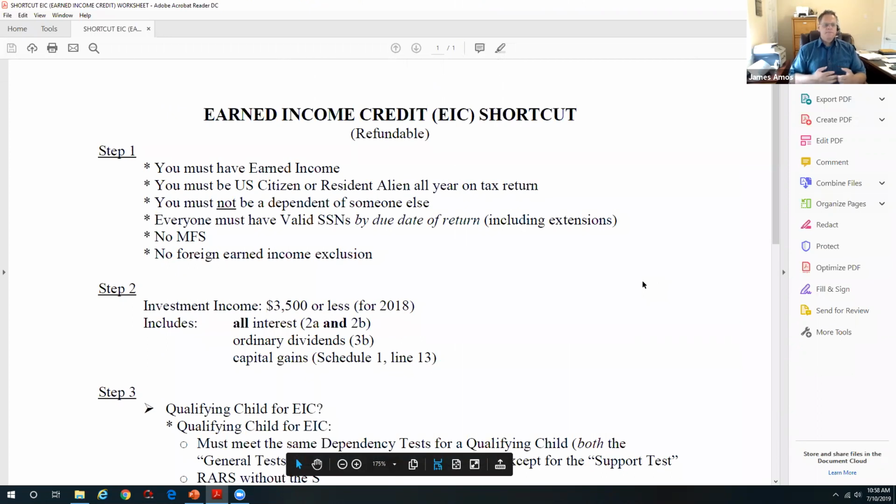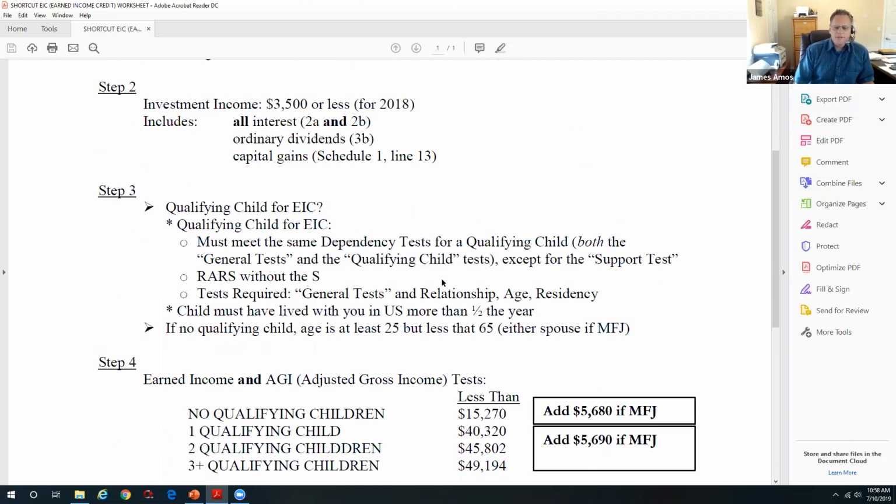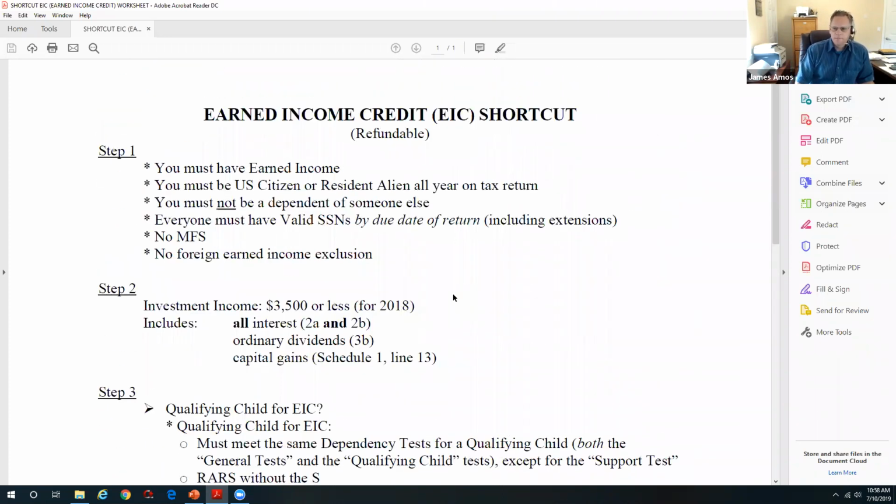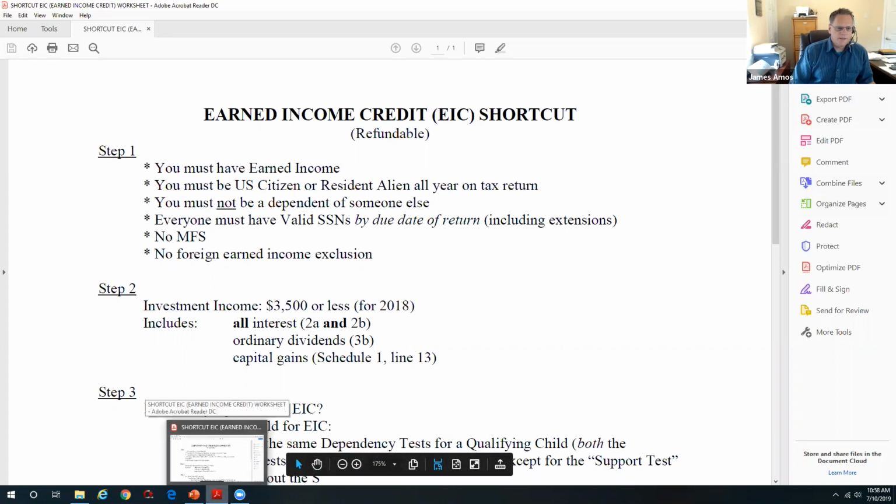Okay, so before we go into some little practice problems and things like that, does anyone have any questions or want to discuss any of this? Because there it is. That's your earned income credit right there, all on one page. How do you guys feel about that? Good?